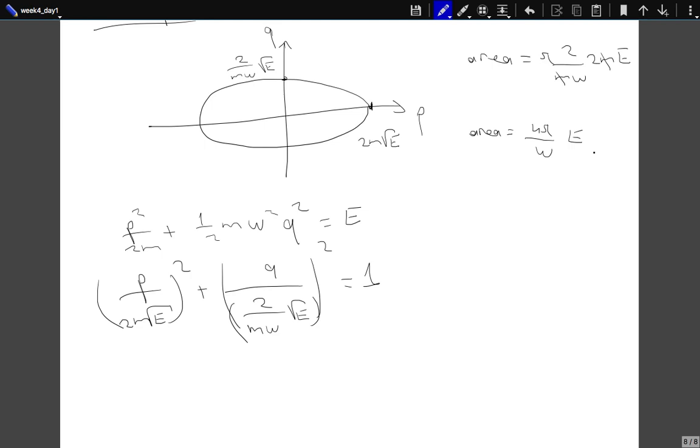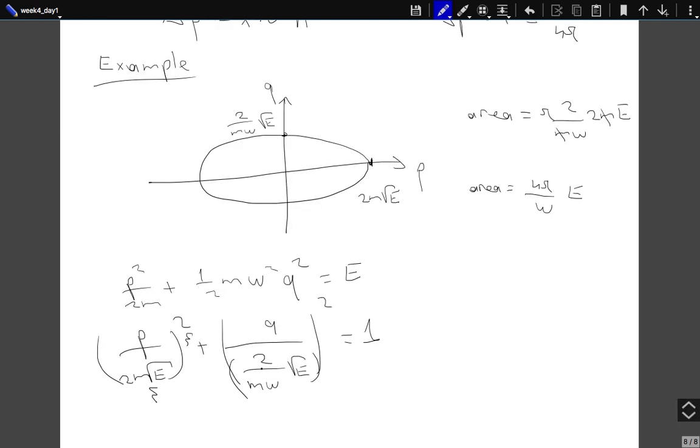I just put everything under a common square, so I took the square root of E, and then I'm taking its square. And then we have 4m squared. Why 4m squared? One is divided by m, the other one is multiplied by m, so the m's just cancel.